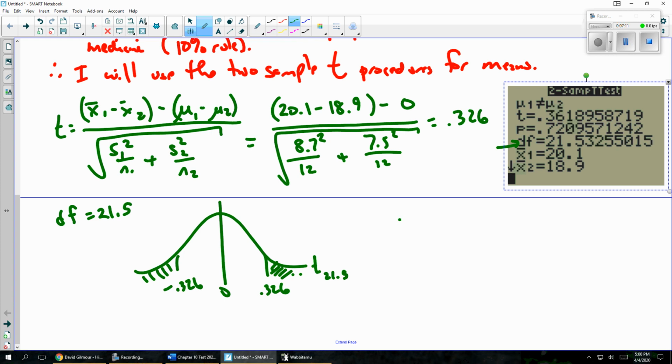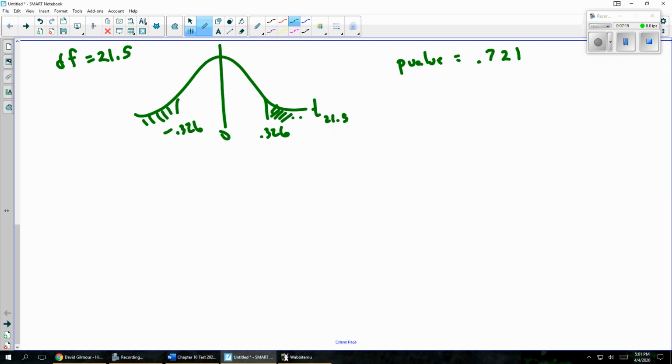And of course, I want to write down that my p-value is a whopping 0.721. And so finally, I'll write a conclusion in context, and I'll say, since my p-value is so big, how big is it? P equals 0.721. Include it right there so somebody else could look at that and decide, oh, yeah, that is pretty big.